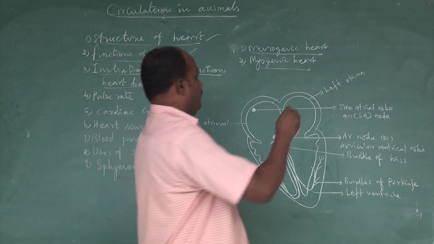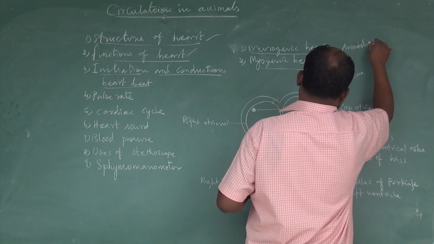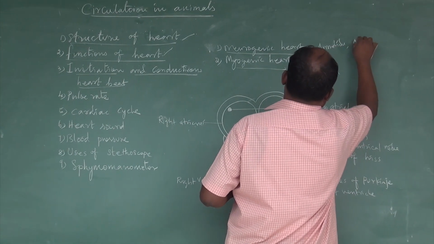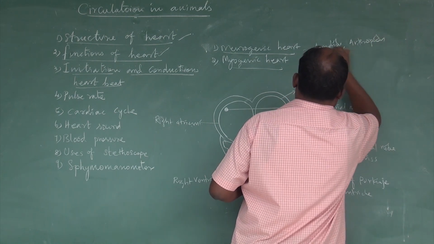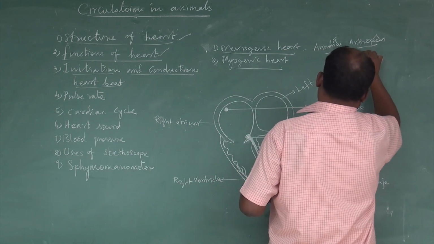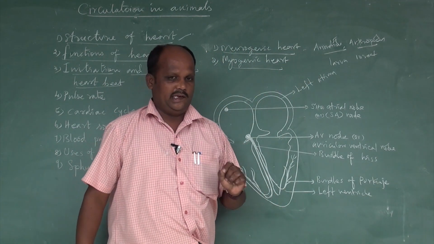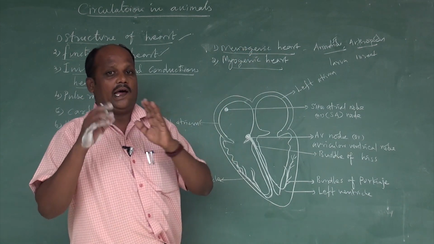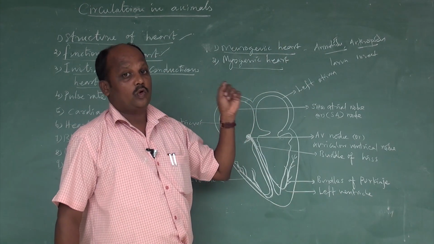For example, annelids, which means larva, and arthropods, which means insects. In annelids and arthropods, a heart is present. That heart is named the neurogenic heart. Neurogenic heart means the heart function is stimulated or initiated by the nervous system.